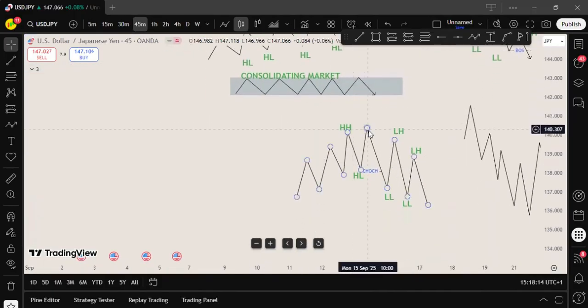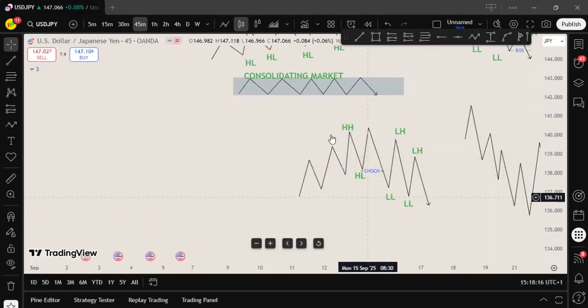That is what we call a change of character. In this scenario, the market changed from a bullish trend to a bearish trend.